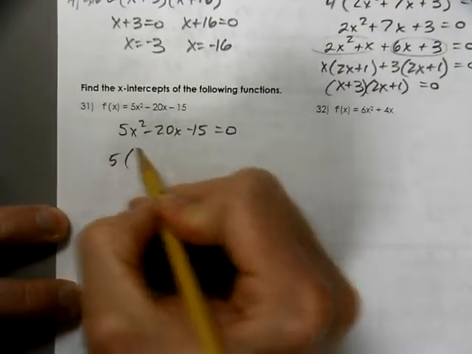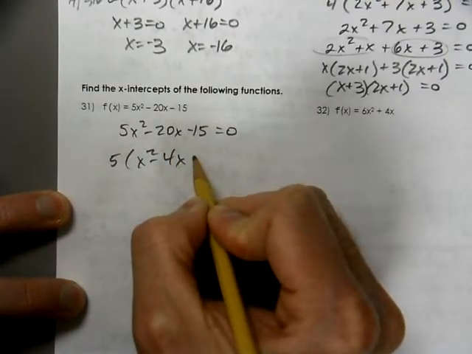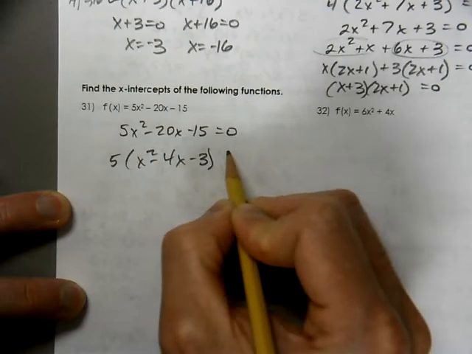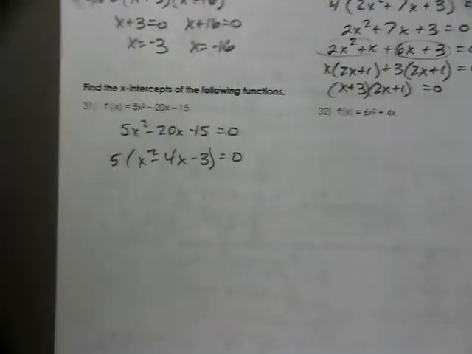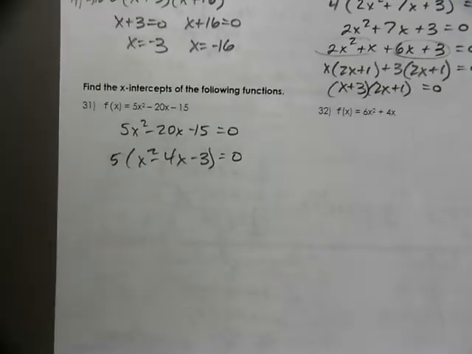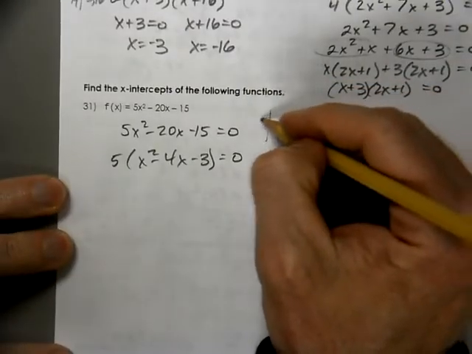Looks like everything's divisible by 5. We need two numbers that multiply to be negative 3, but add to be negative 4. Well, it's not going to work, not by factoring.